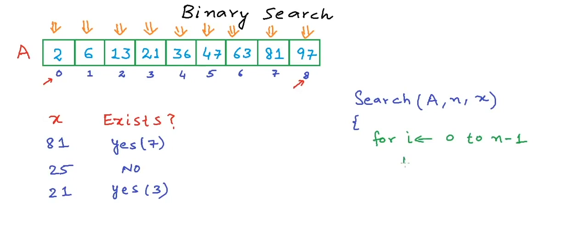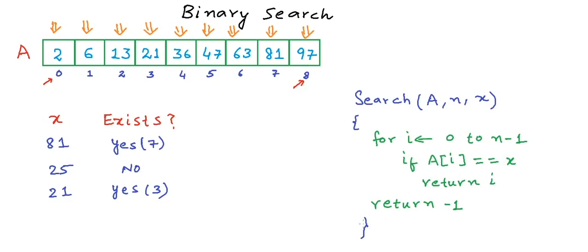So for i starting 0 to n minus 1, if the element at index i is equal to x, then we return i, which means returning the position at which we have found the element x, and our search will be over. And if we cannot find any such i, then we return -1. Returning -1 means that we could not find x in the array A.